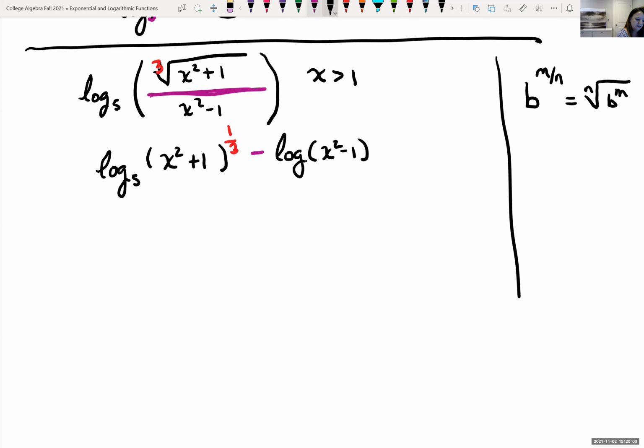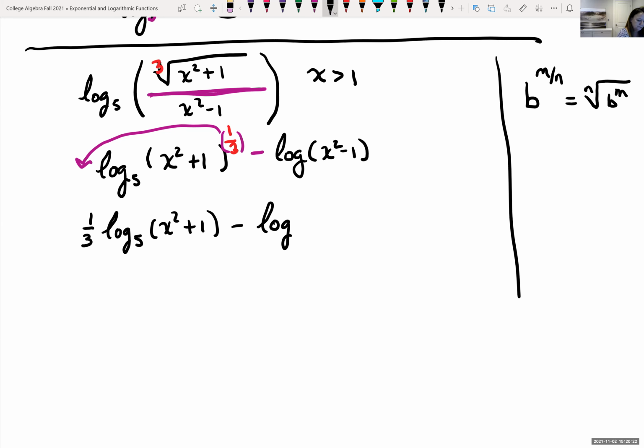So we can rewrite this. We can bring our 1/3 down front. And this gives us 1/3 times log base 5 of x squared plus 1 minus log base 5 of x squared minus 1.